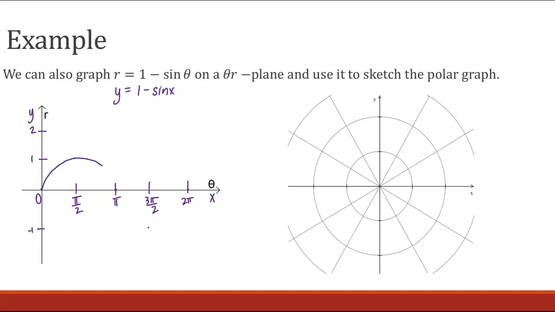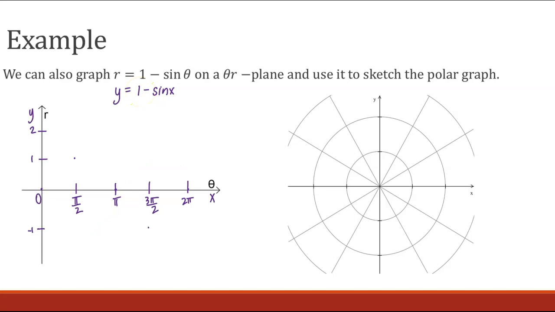So my general sine wave, right, is going to look like this. This sine wave, though, is reflected because of the negative in front of it, right? So then it's actually going to look like this, a reflection over the x-axis, and we can't forget about this 1, which is going to move everything up 1 unit.